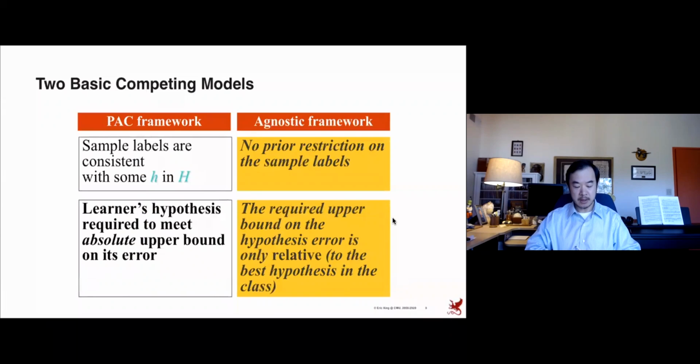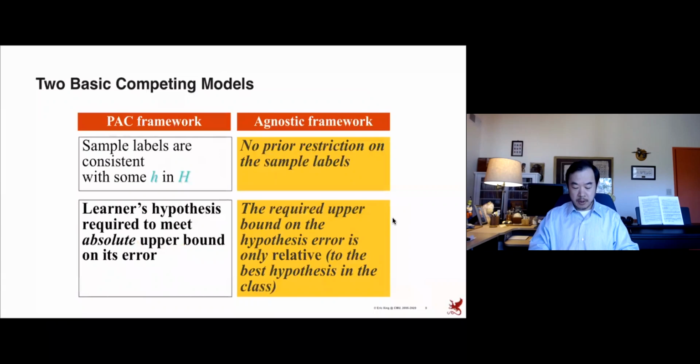Basically, the sample labels are going to be consistent with at least some of the h. That means you are going to make zero error by one of the little h in the hypothesis space, and then the generalization error on the testing data is going to be 0 plus something, right? Because you make 0 already on training.